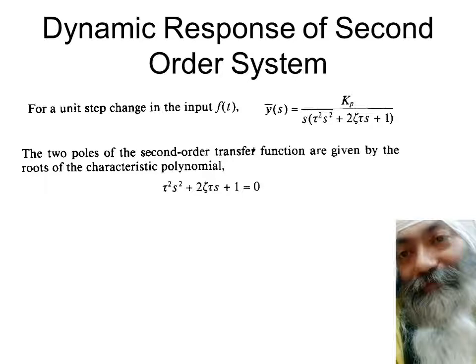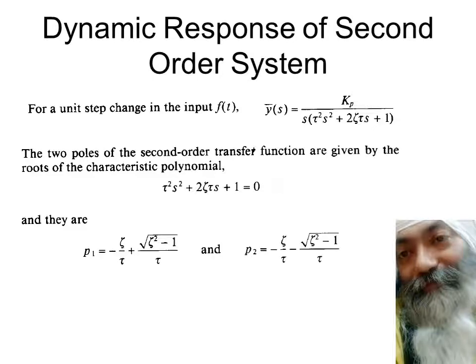Once again, we have a characteristic polynomial given by tau square s square plus 2 zeta tau s plus 1. We put it equal to 0 and we get two roots, called the two poles, and these poles are given by minus zeta upon tau plus square root of zeta square minus 1 upon tau.